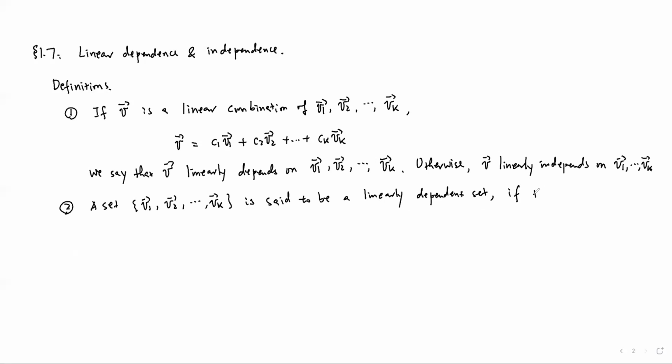If the following vector equation, x1 times v1 plus x2 v2 plus ... plus xk vk equals 0, has a non-trivial solution.